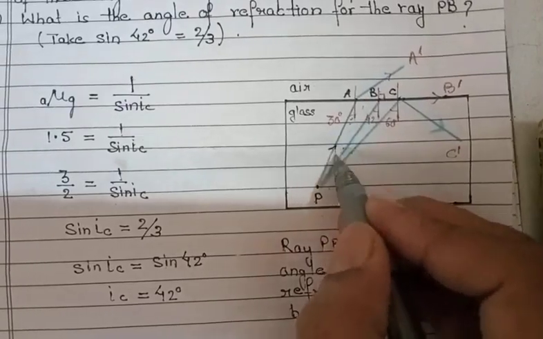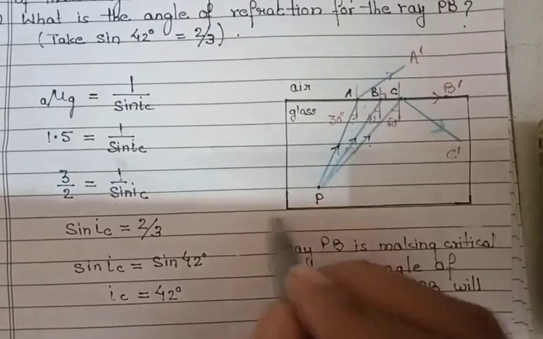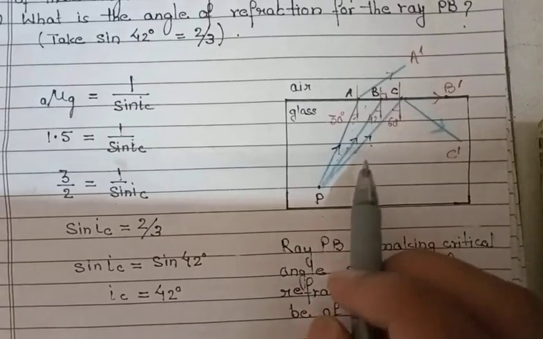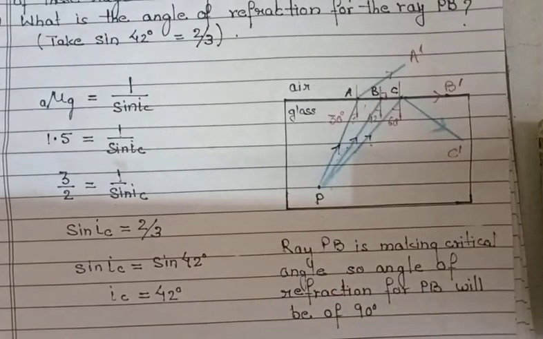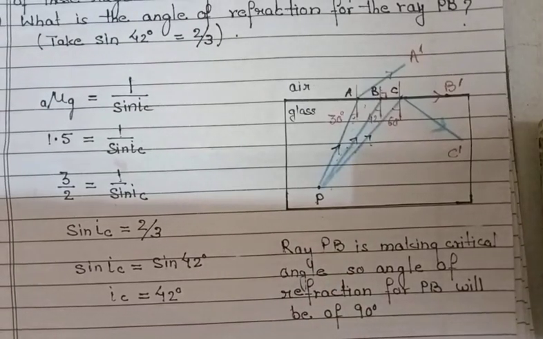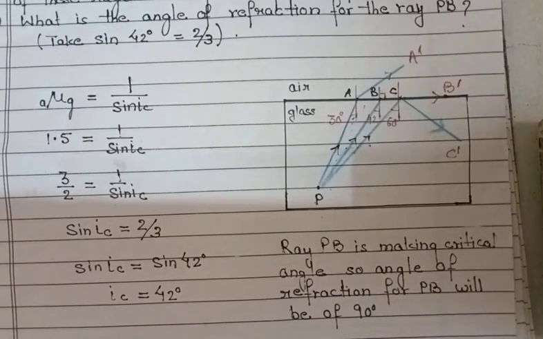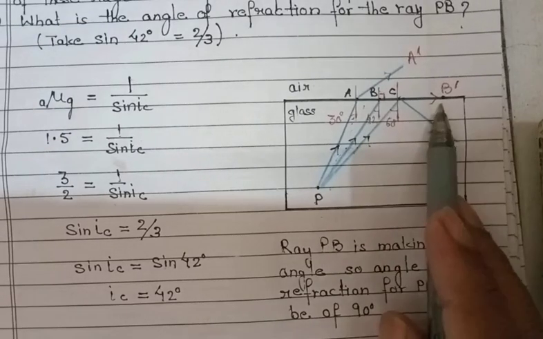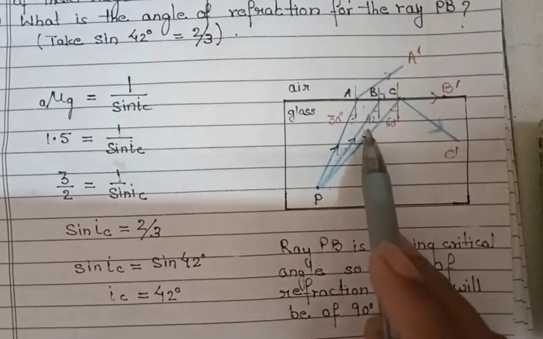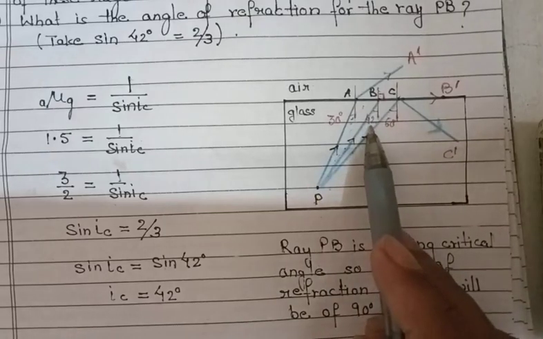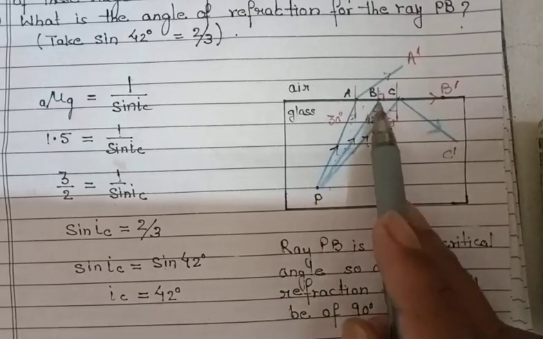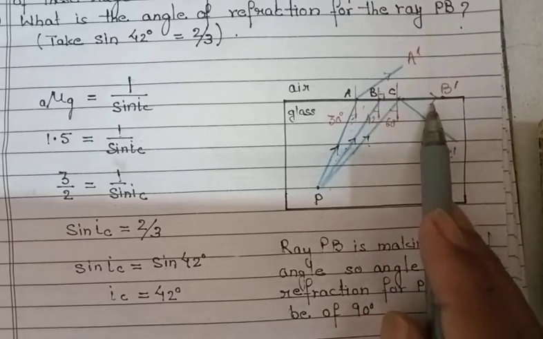So these were the three rays. Whenever you have to complete the ray diagram, remember you must know which ray is making the critical angle, because whichever ray is making critical angle will be going along the surface. So here PB was making angle of incidence equal to critical angle, so it will be going along the surface.